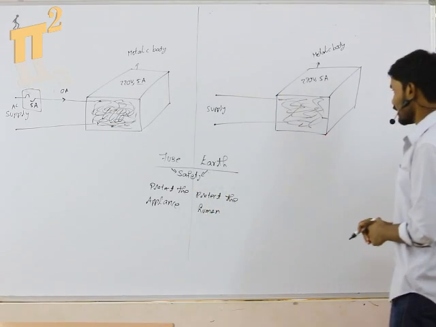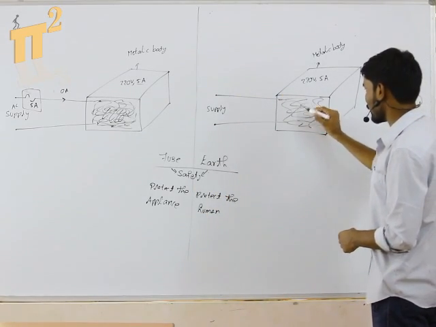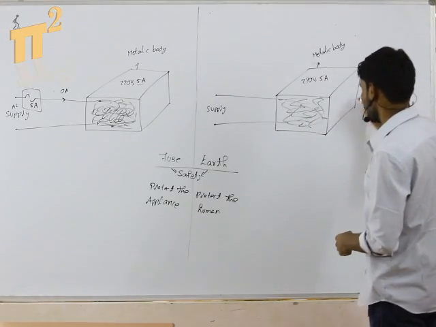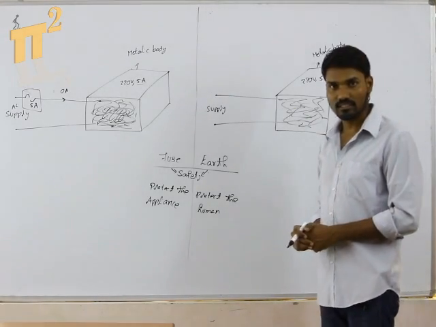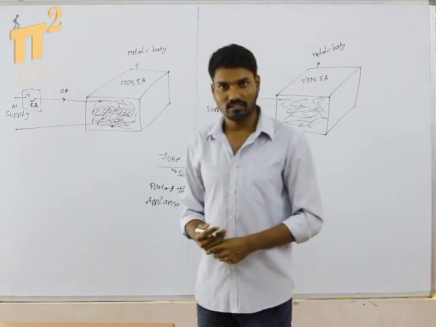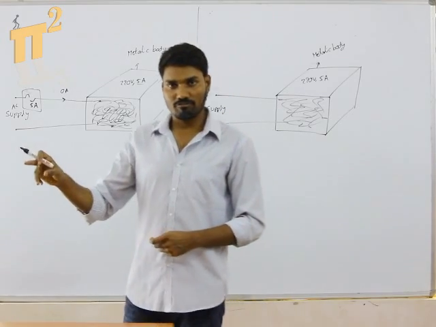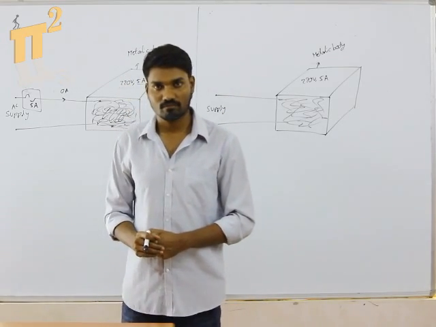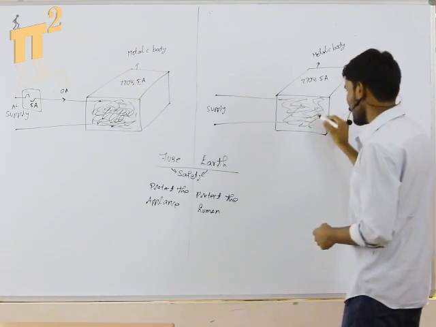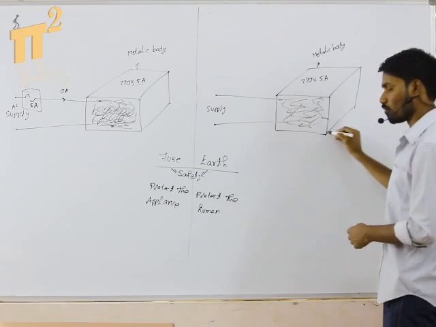But in this case, if any one of the internal connections is in contact with the outside metallic body, this we normally used to experience in old computers. If you are using a PC, then on the CPU you may sometimes feel a shock. That is because some connection inside the CPU is in contact with the body.